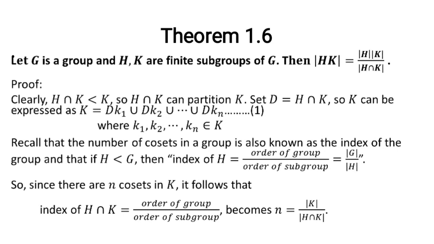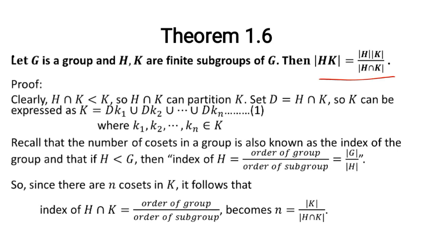They are subgroups of G. Then the order of the product HK is the same as this fraction: the order of H times the order of K over the order of H intersection K. So you have a group, two finite subgroups, and this relationship holds for both of them.